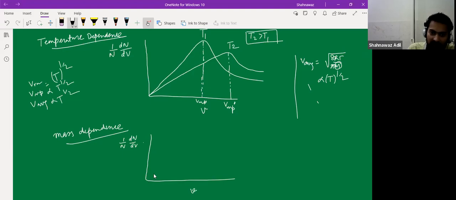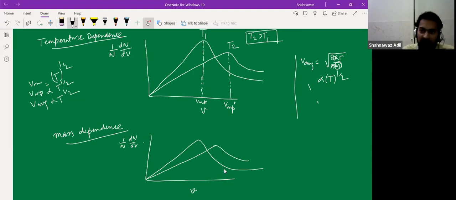Let's say this is one and this is two. If I ask you which one has the heavier mass, and I am saying that this is inversely proportional, so if your velocity is increased, then your mass will decrease.